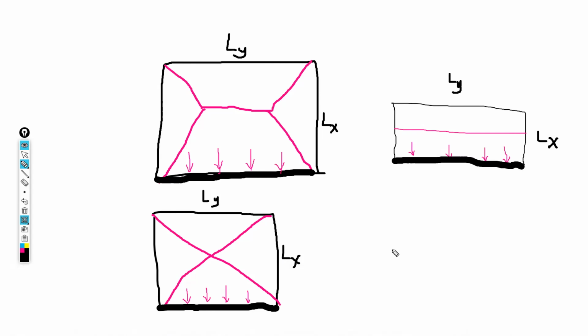Now, if we have a condition where the ratio of the longer span to the shorter span is less than or equal to 2, this is going to be a two-way spanning slab. This is two-way.